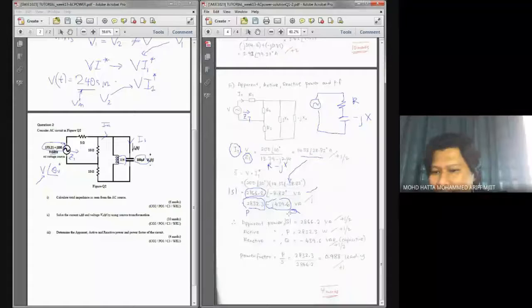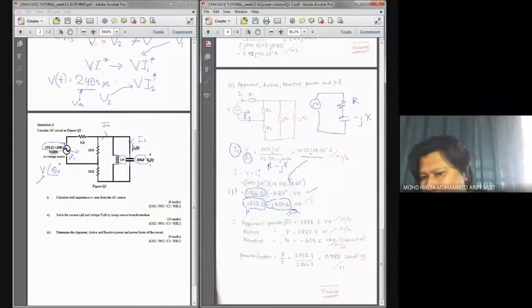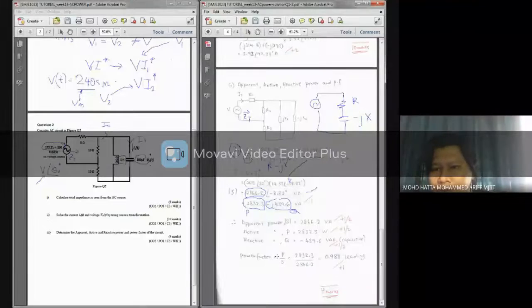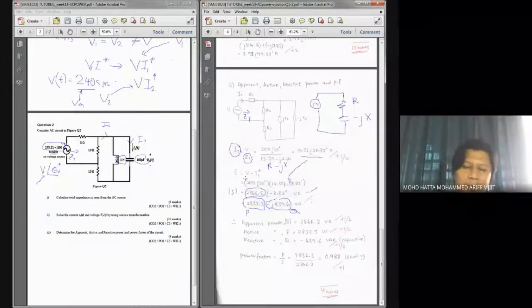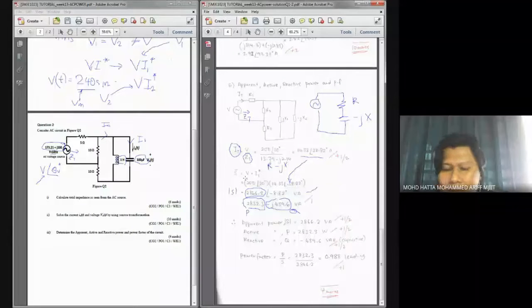I'm sorry I took a bit longer this time because I'm just finishing up my solution. Right now, as I mentioned just now, using this formula, we can easily compute all the information of our powers: the apparent power, active power, as well as our reactive power.